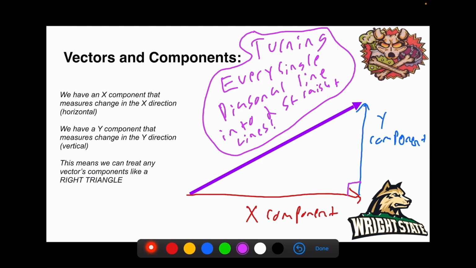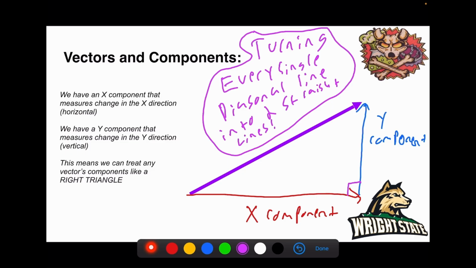The y component tells me how much of this vector is acting in the y direction. The x component tells me how much of this vector is acting in the x direction. These two straight lines can be made out of any diagonal line, no matter what the angle is or what the situation is. If your line is diagonal, you'll always be able to do this. Second, and more important, this makes a right triangle, which we are allowed to mathematically treat like a right triangle, meaning anything you can do to a right triangle, you can do to this.